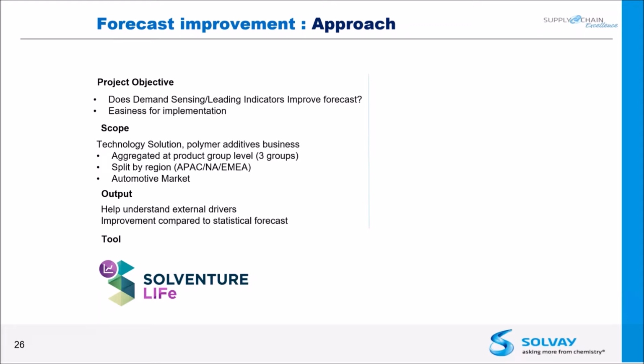And more than that, we scoped it for one customer segment, which is the automotive market. And we made the analysis region by region. So we considered the 3 main regions: Asia, North America, and EMEA. And you will see that we also obtain different results by region.